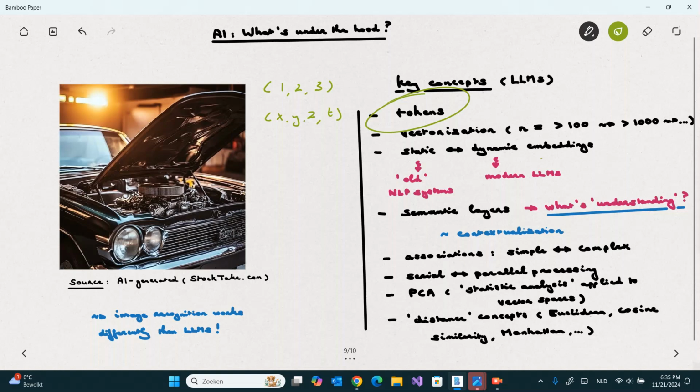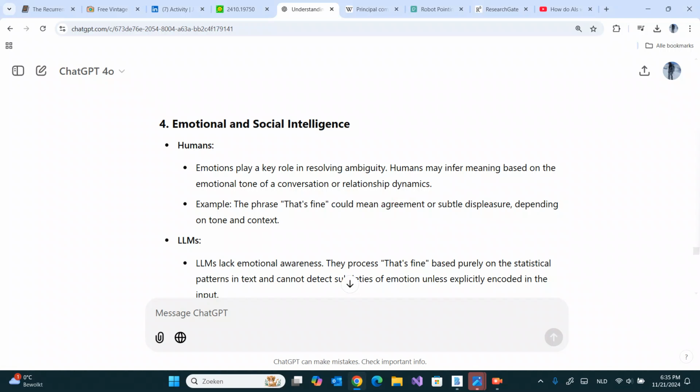Static language models, natural language processing systems with static embeddings: once an object had a meaning, it had a meaning. Dynamic embeddings will allow shifting meanings and shifts in the coordinates of each unit. And then you need to understand there are several layers. I already showed this: a neural network.